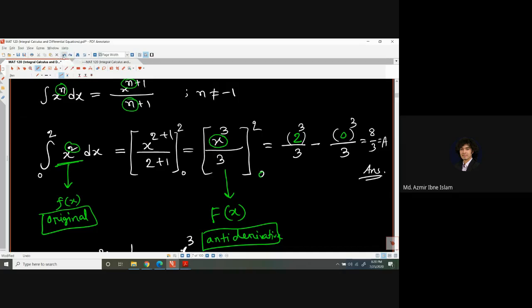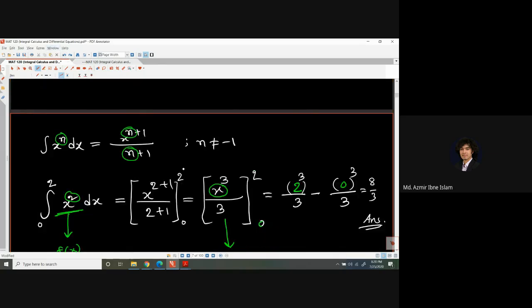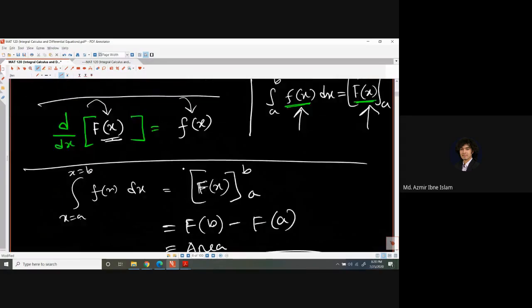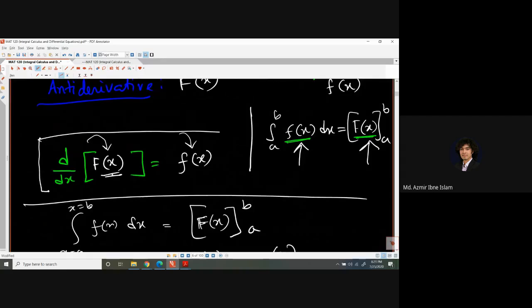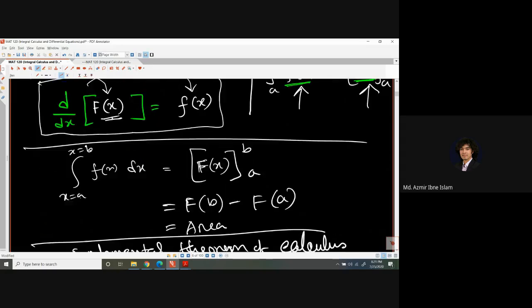But for now, we are going to establish the relation that if we differentiate the antiderivative, we will get the main function back, since integration and differentiation are opposite operations.